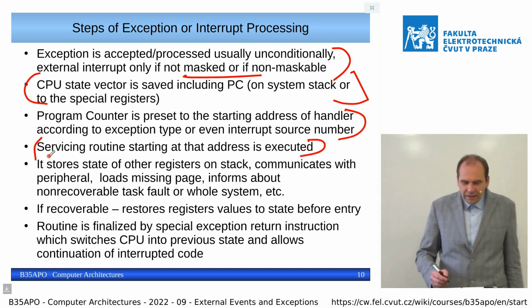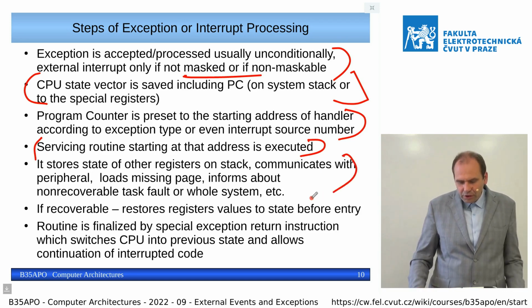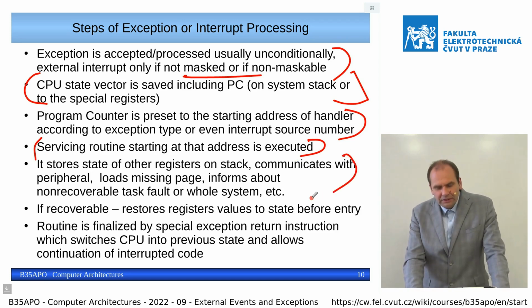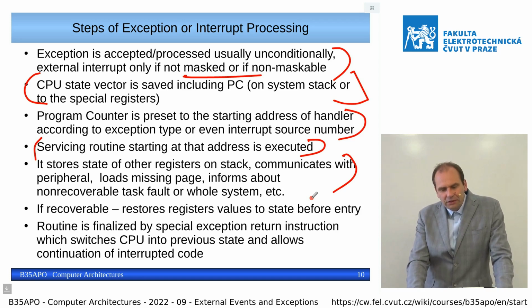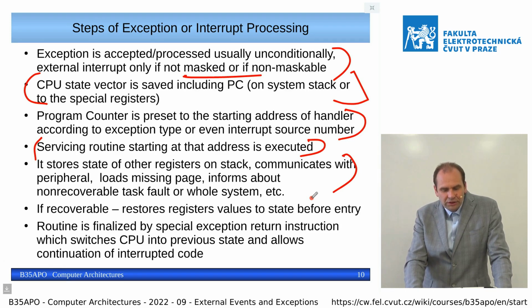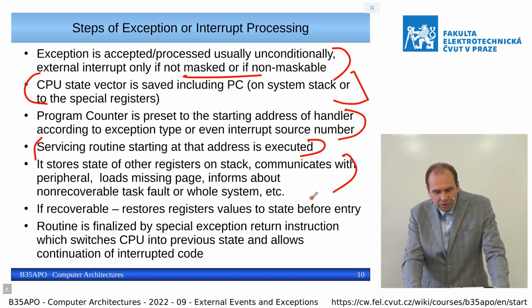And it usually needs first to store the state of other registers on the stack, so that the state of the background task is not overwritten by the processing of the interrupt. So you usually need to store the rest of the registers on the stack under program control.